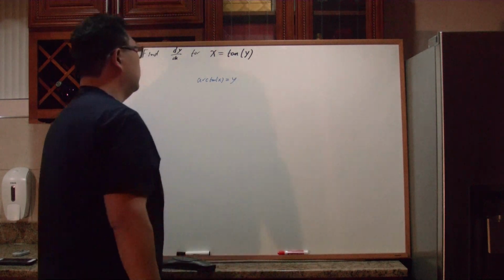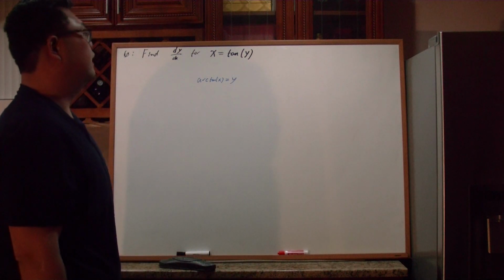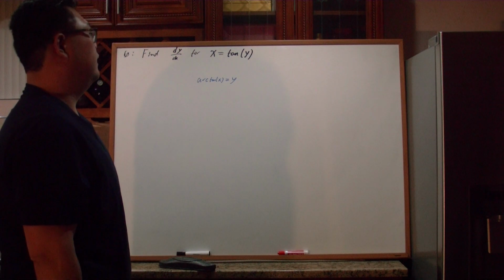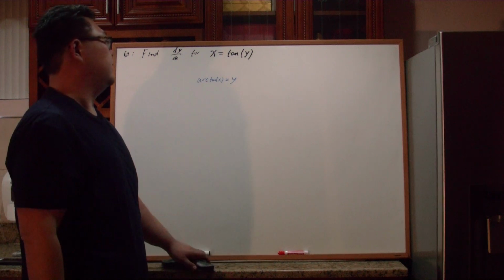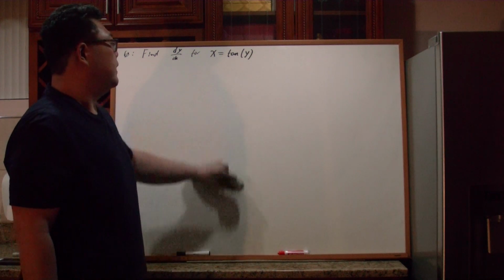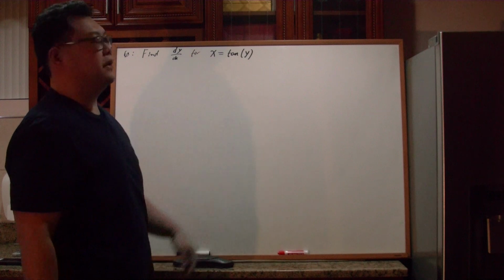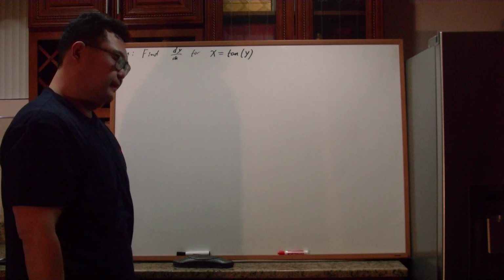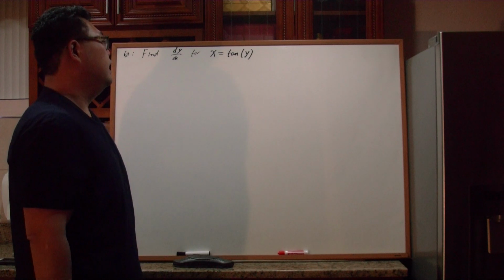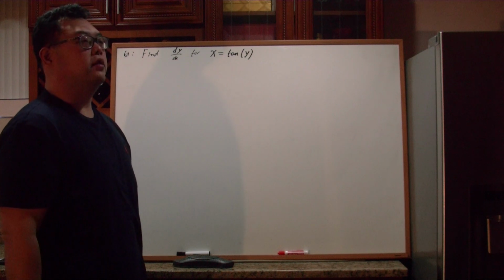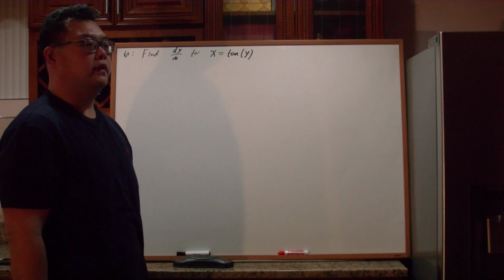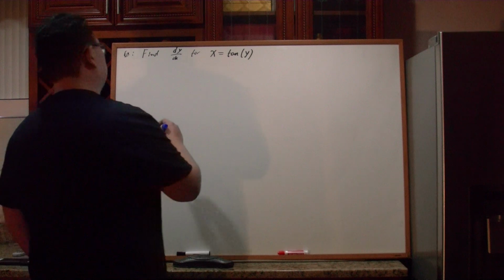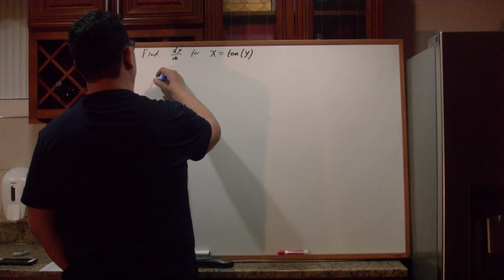We do not know the derivative of arctangent of x. But when we get the inverse function x equals tangent of y, we are able to find the derivative of tangent, basically.